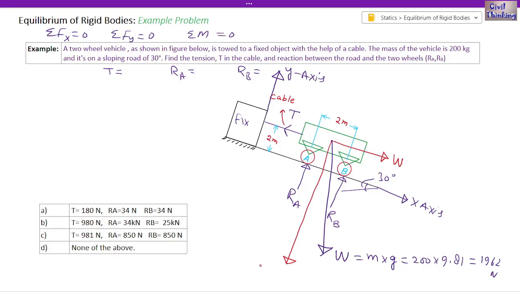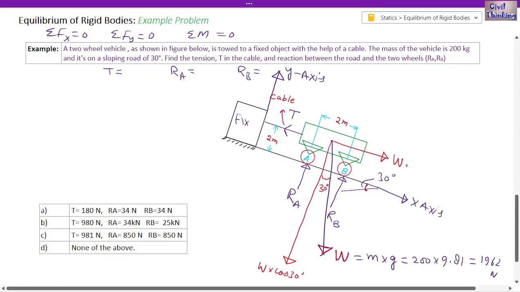It is W. Now the angle here is 30 degrees, so this angle is also 30 degrees. This vector is W. So the x component is W cos 30 degrees, and this is W sine 30 degrees.